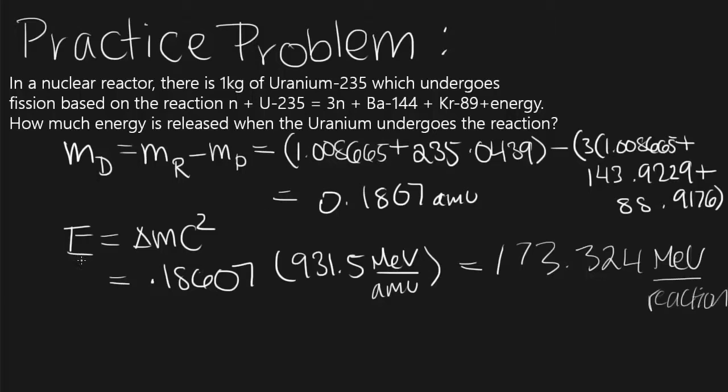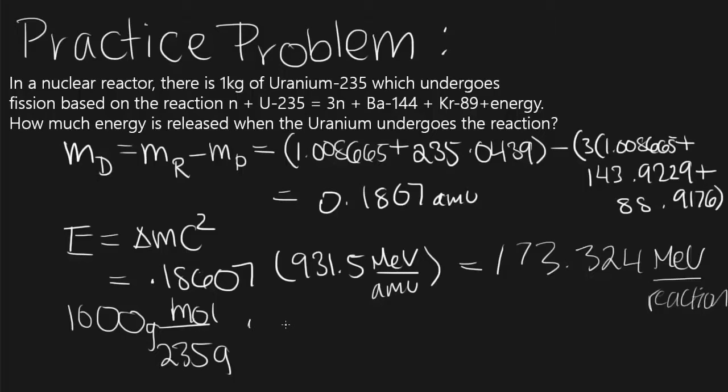Since this is the amount of energy released per reaction, we still have to convert this value into the amount of energy released in the reactor itself. Through this we use dimensional analysis, and we know that there's 1,000 grams of uranium-235 that is being fissioned in the reaction, and we can convert this to moles using the molar mass of uranium-235, which is 235 grams per mole.